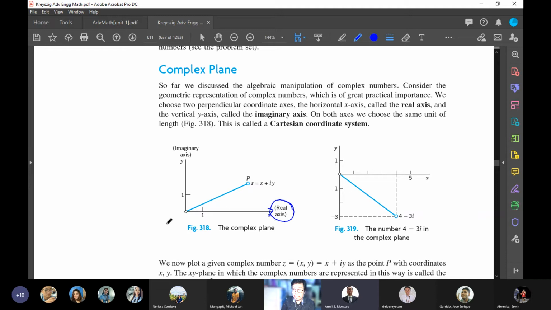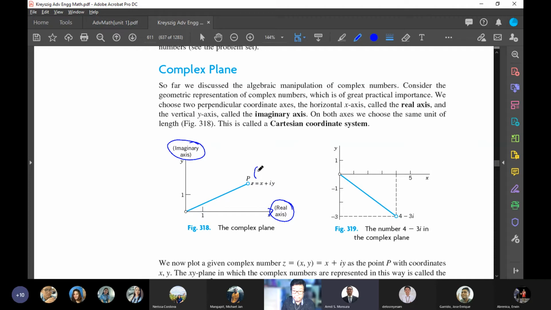We define the real part of your complex numbers along the horizontal axis, while the vertical axis is the imaginary axis. So the imaginary part of your complex number is located on the vertical or imaginary axis.